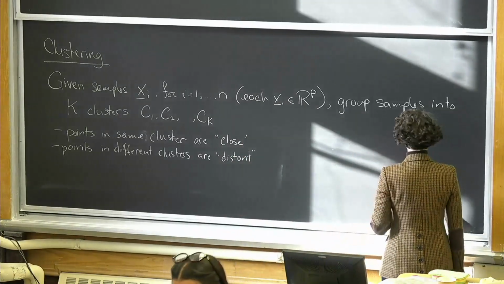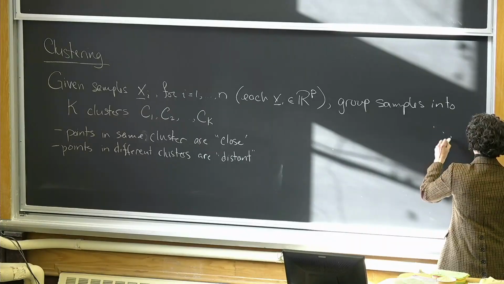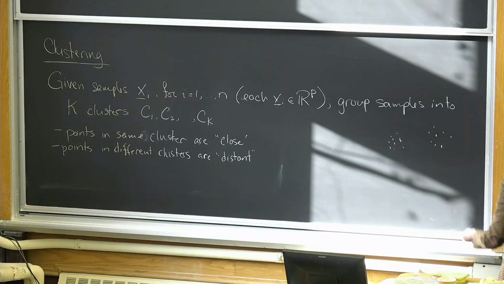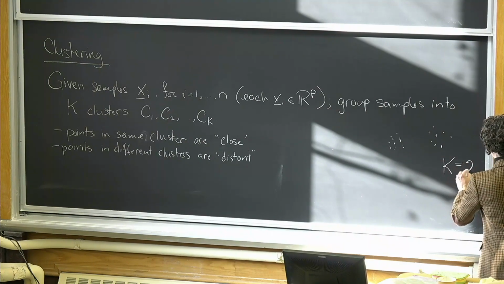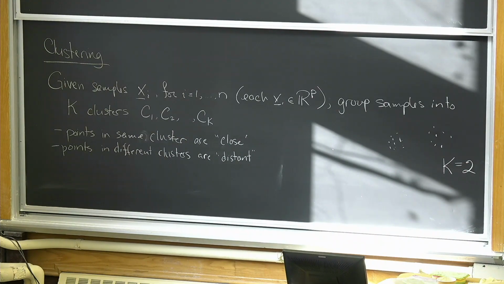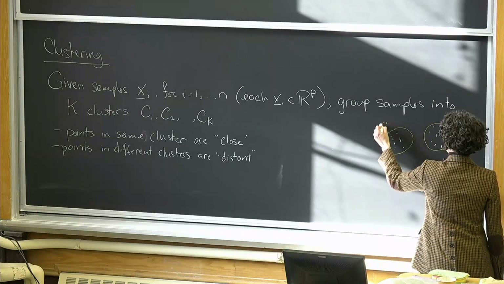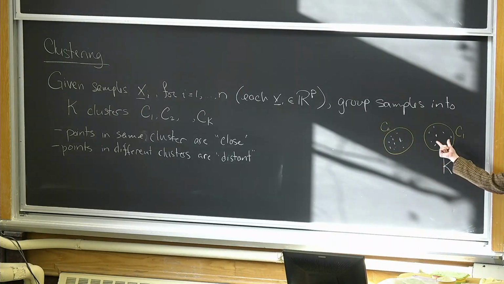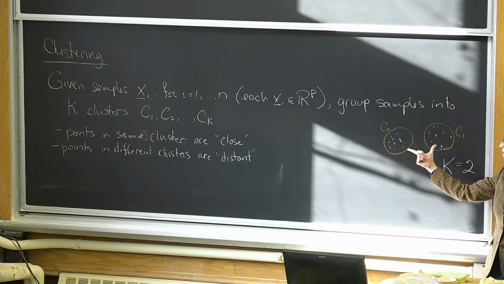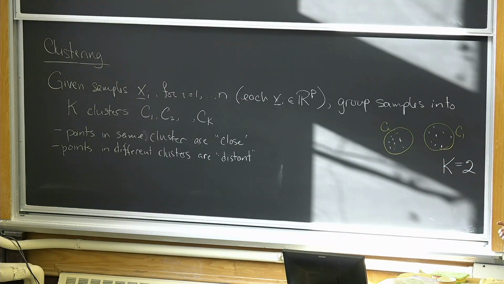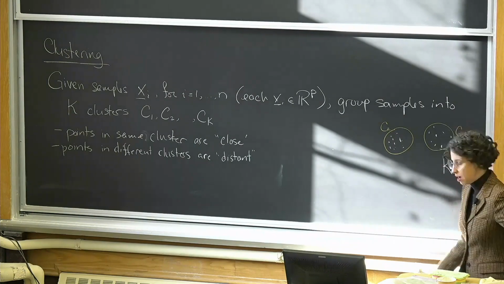Okay, so visually, we could imagine having a collection of points that looks like this, and setting k, the number of clusters, equal to 2. If I cluster these by saying that here is one cluster C1 and here is another cluster C2, then within each cluster the points are close relative to how far apart any pair of points from different clusters are to one another. Okay, so that's the basic idea of what we want to accomplish.